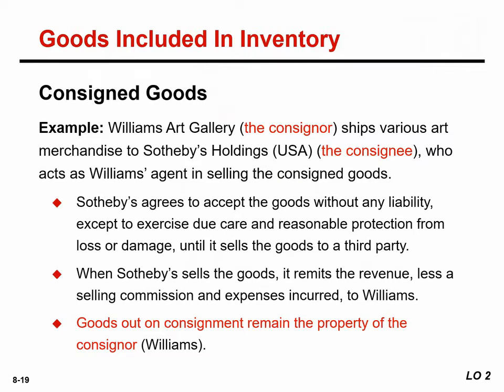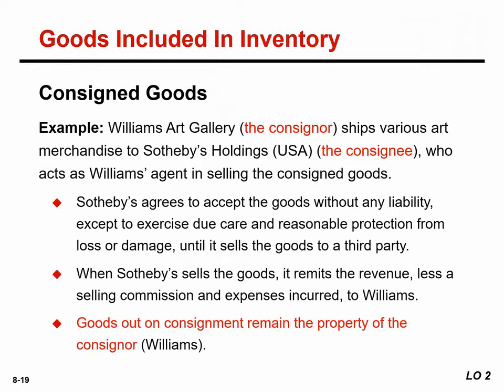So who do they belong to, us or the agent? The entity that ships the goods to the agent is called the consignor, and the agent is called the consignee.